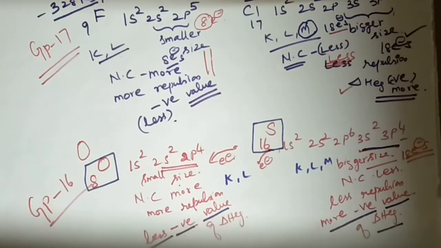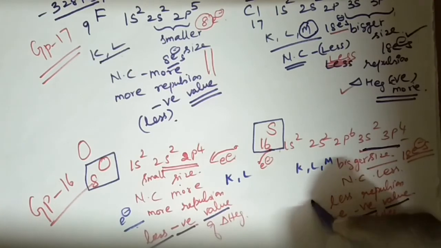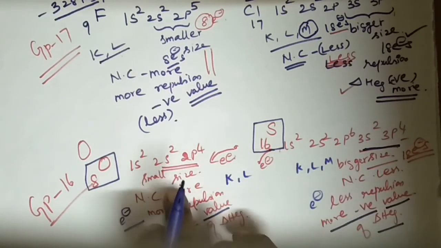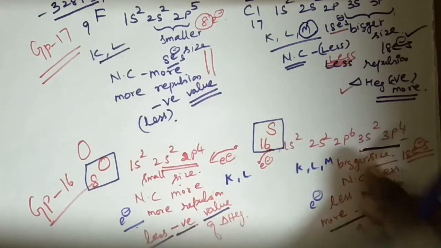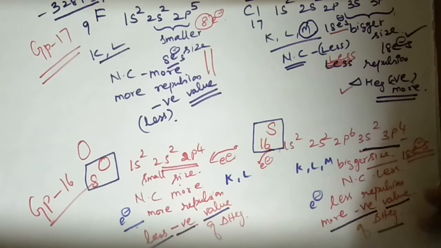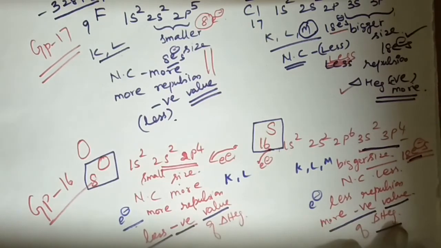And then you can say that electron-electron repulsion is more here, and less here, because the density of electrons in case of oxygen is more. Okay, and here it is less. The third shell can accommodate 18 electrons now, because of that the repulsion becomes less. So for all of these reasons, this sulfur is having a more negative enthalpy value.